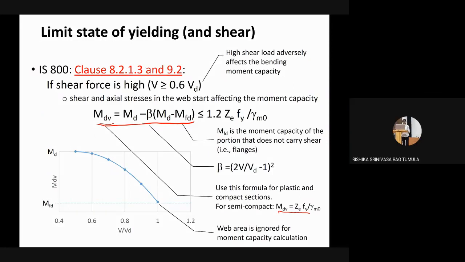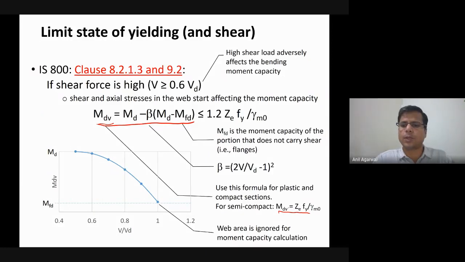Agreed? Yes, sir. Okay. So now, in case of semi-compact section, you may have large shear, but what is the design philosophy? The design philosophy is that the extreme ends of the flange are going to be at Fy maximum.